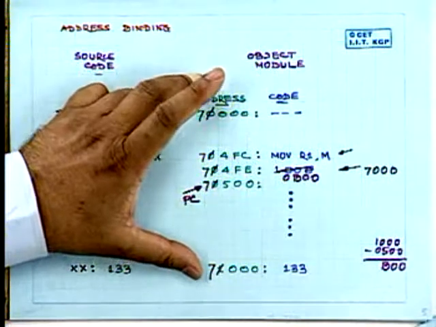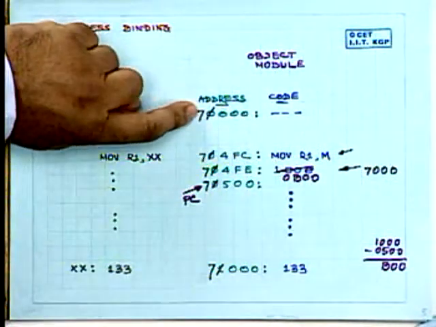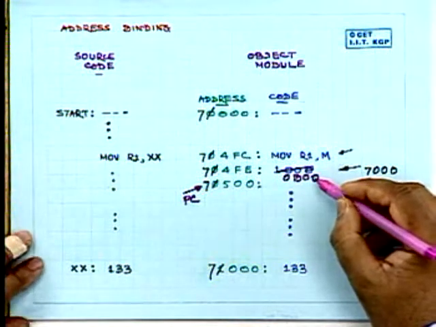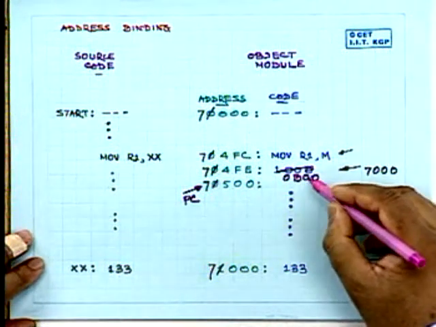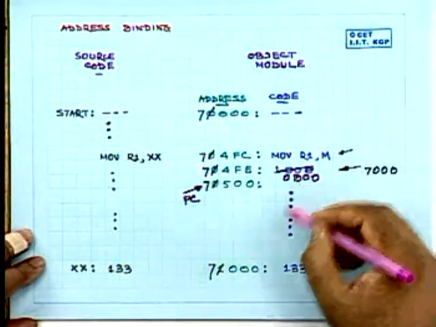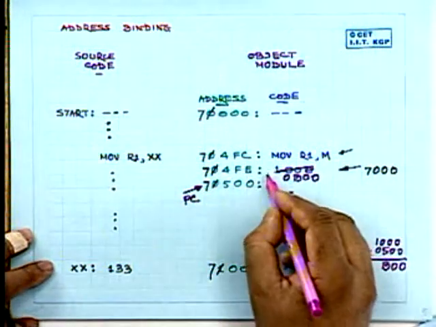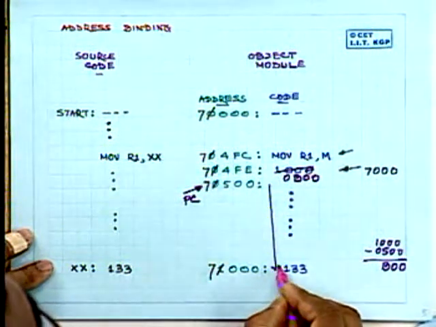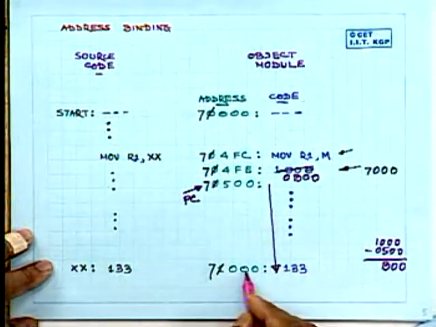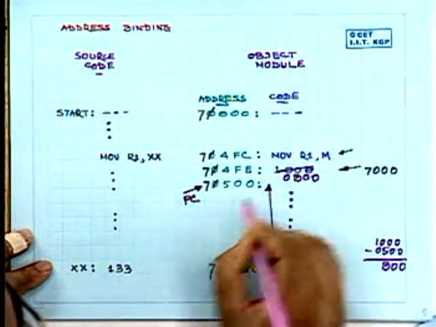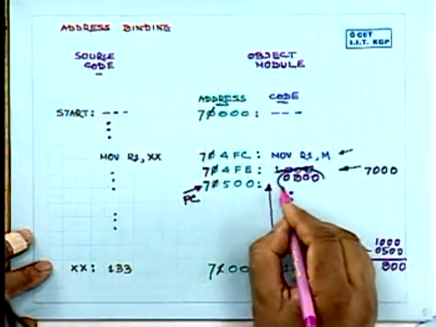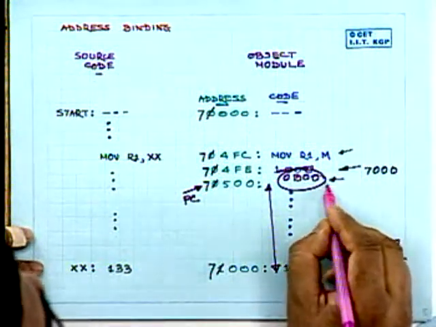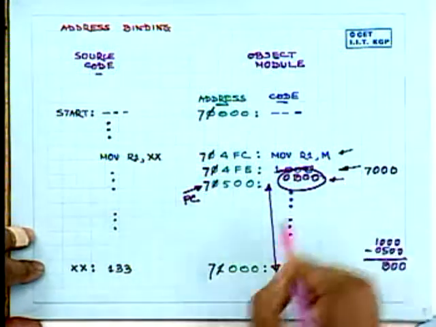But now, say we shift this entire program to start from 7000, then this displacement at this location, that is 0B00, remains unaltered. That means the displacement of the operand address from the present value of the program counter, which is 0B00, remains unaltered, and in that case the content of this particular word is also absolute.